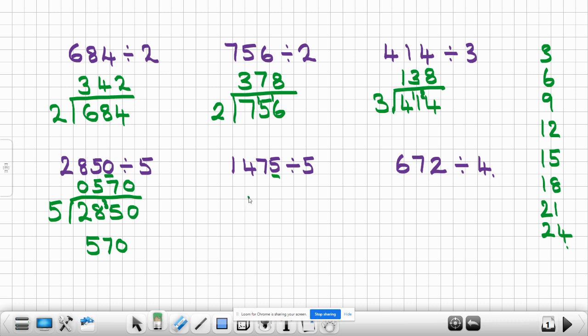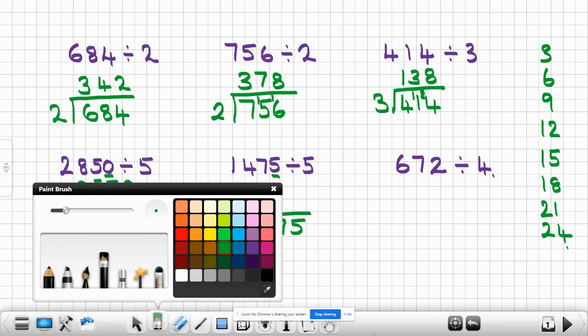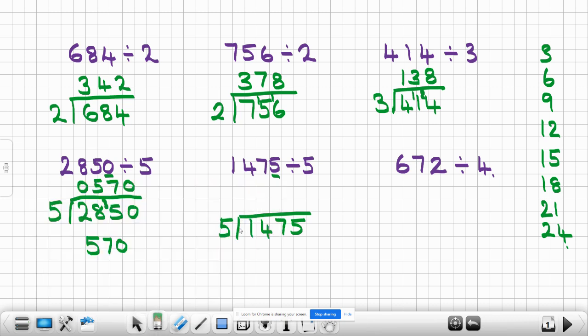So that should tell you that when we divide 1,475 by 5, the answer is going to be odd, because otherwise we wouldn't have a 5 at the end. I'm giving you a lot of information here, so don't worry if it's too much information. You can just focus on the task.